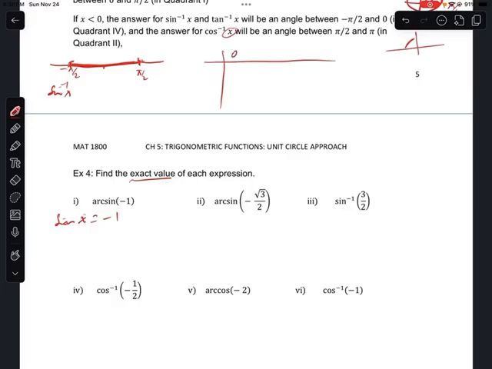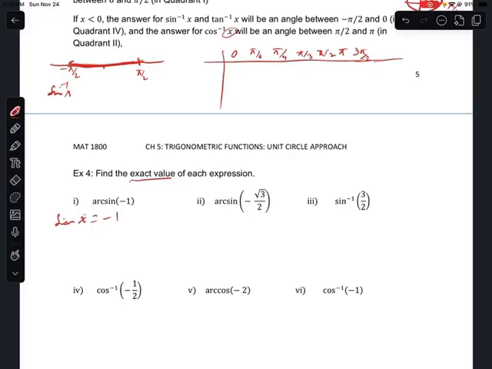So for sine inverse x, if x is positive, I can make a small table here for you guys. Again, you will have to either memorize the table or you can just go with the flow.